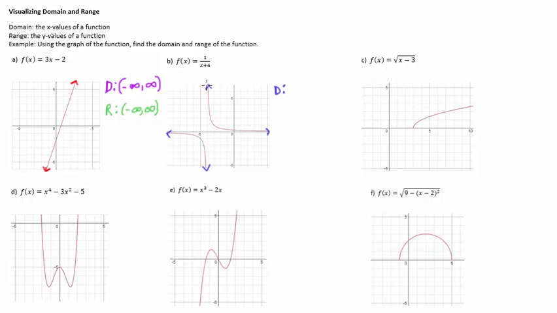An asymptote is like an invisible line that your graph gets closer and closer to without crossing. And so we've got a vertical asymptote here. It looks like at -4. And if we look back at our equation and think about what we did in an earlier example, we set the bottom equal to 0 and we solve, and sure enough we get -4.